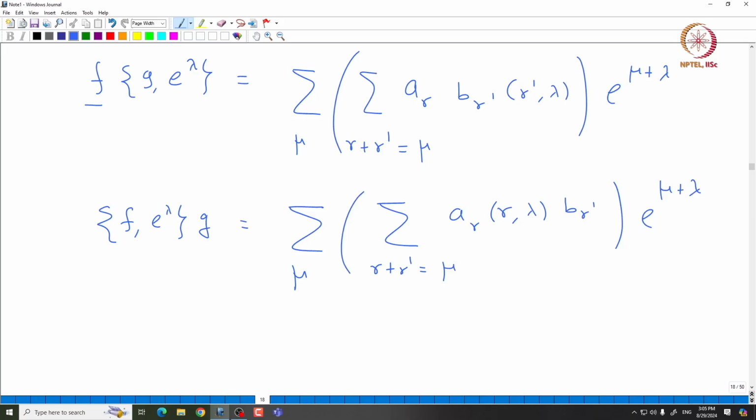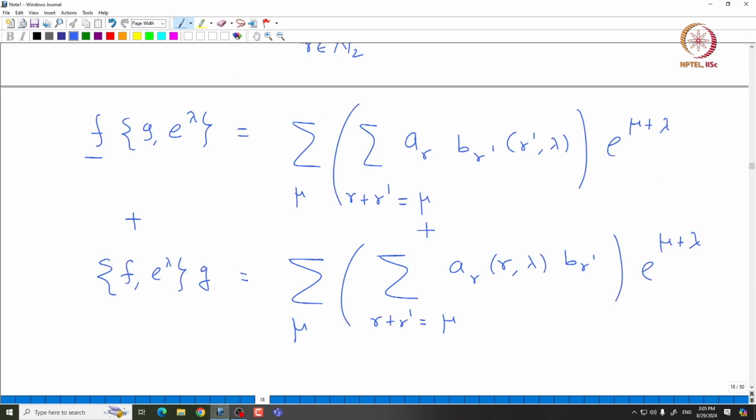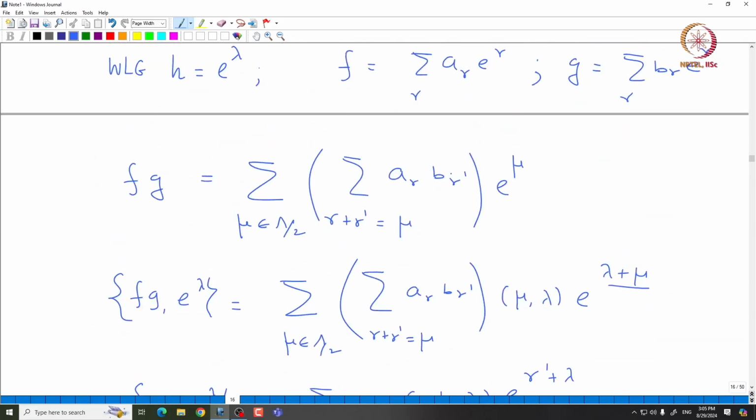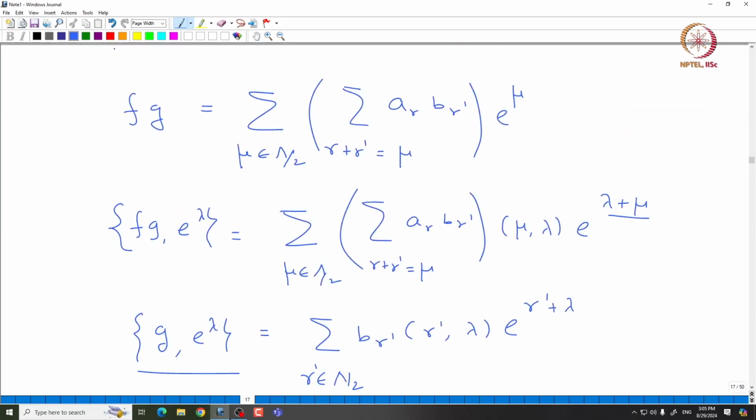Okay, if you add these two, then you have to just look at the coefficient of e^(mu plus lambda). That is the thing we need to equate, the coefficient here in this sum.